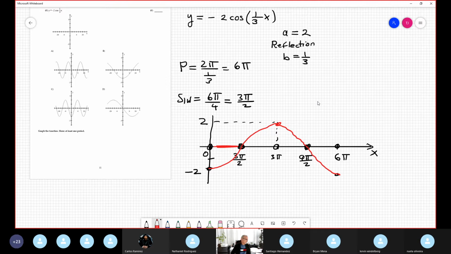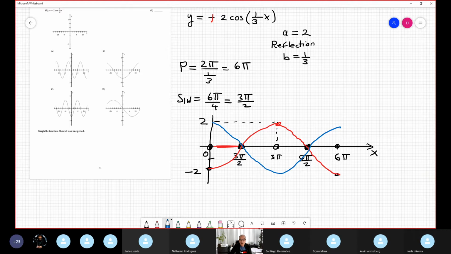Make sense? It does. Professor, can I ask you a question? When we're in cosine, we always start with the maximum, right, Professor? Yeah. See, we have, for example, this negative, positive here. Our graph looks like that. Right?